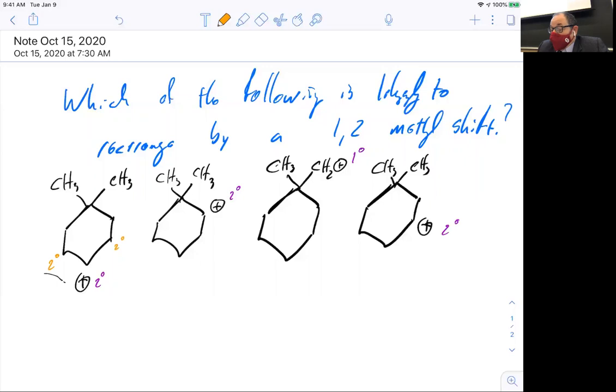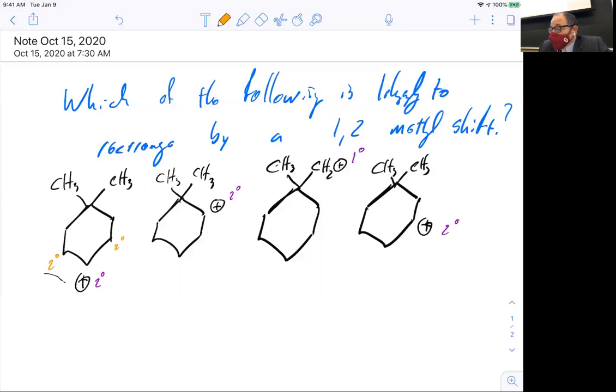Would there be any advantage of getting some type of shift here? No, there's also no methyl groups, and I don't see any advantage. You also usually do not see multiple shifts unless there's possible resonance.